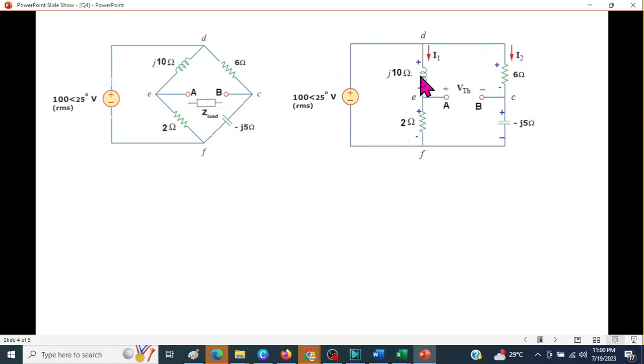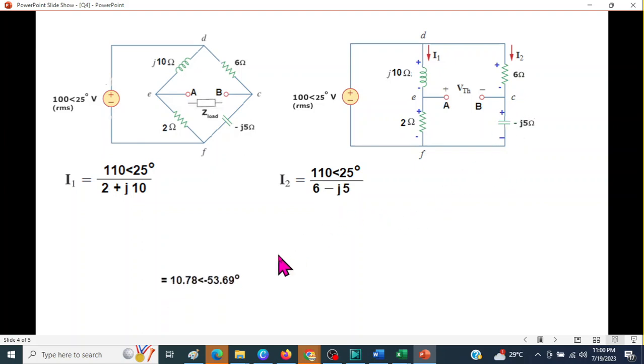This voltage applying here, so I1 is the voltage divided by the sum of the two impedances. Similarly, I2 is the total voltage divided by these two impedances. Solving with the help of your calculator in complex mode, this is the value, and this is the second value of current.